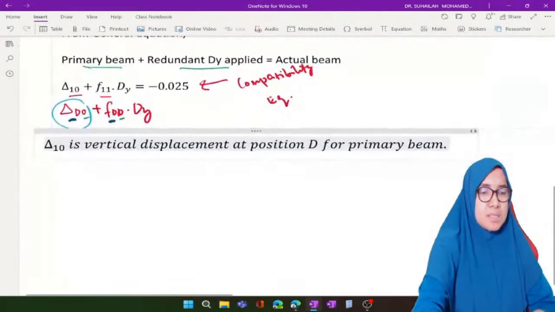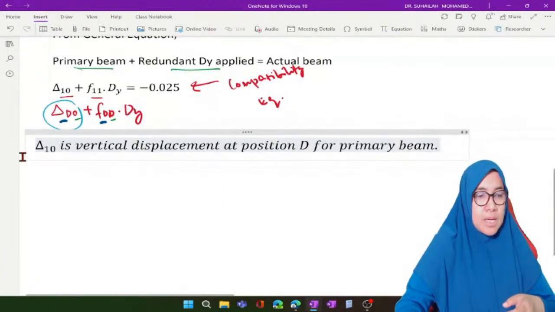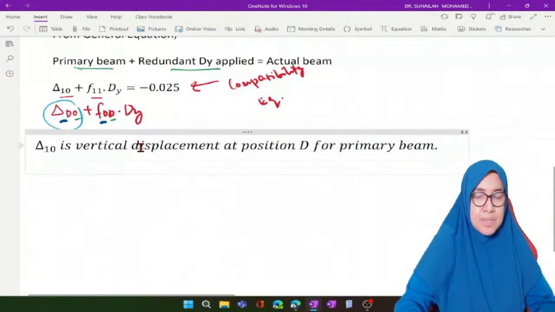This is delta 1 naught or delta D naught.